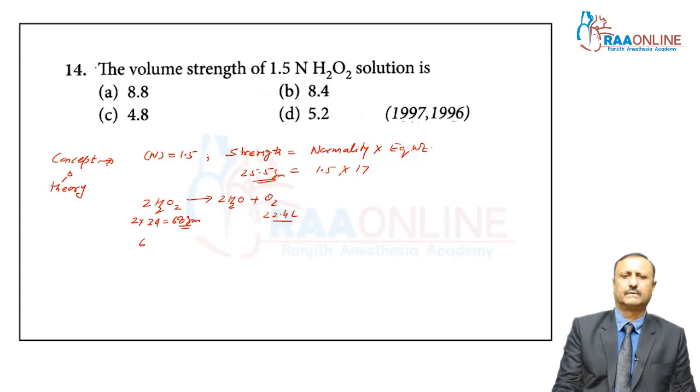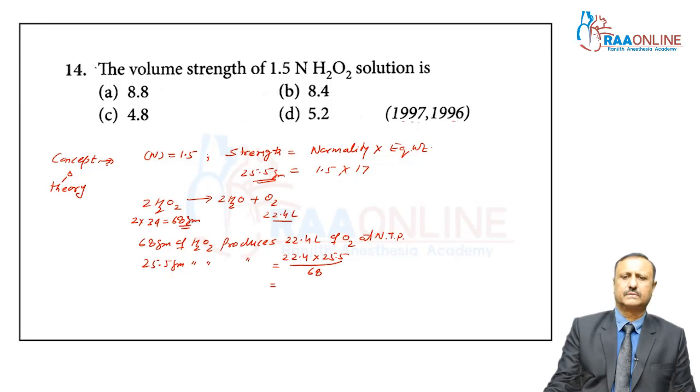Here we can see 68 gram of H2O2 produces 22.4 liter of oxygen at NTP. Now, 25.5 gram of H2O2 produces 22.4 into 25.5 upon 68.